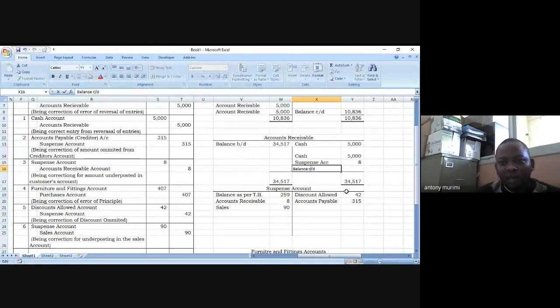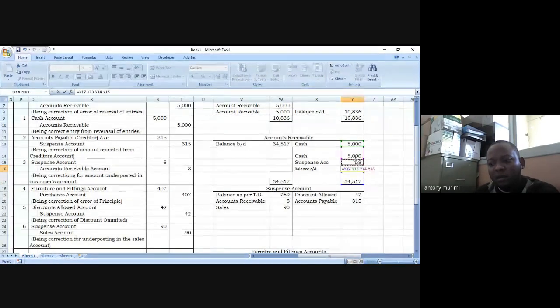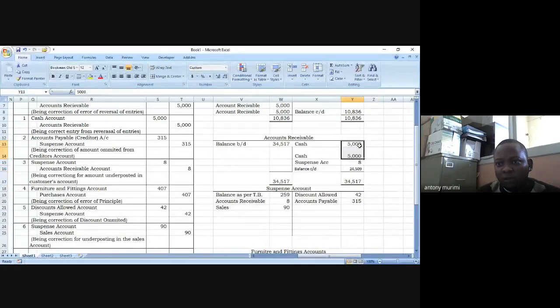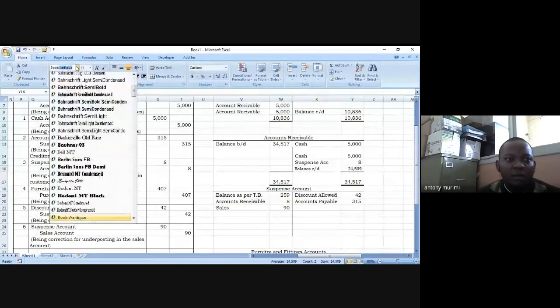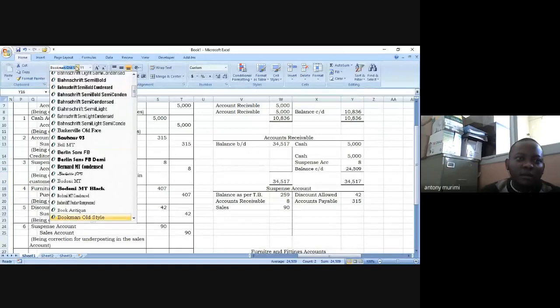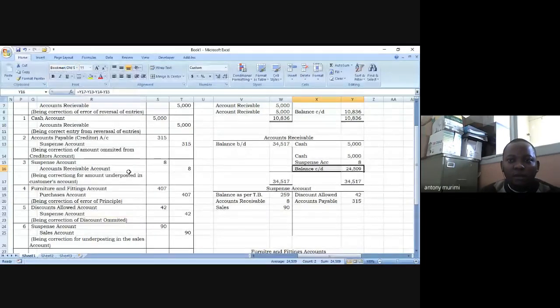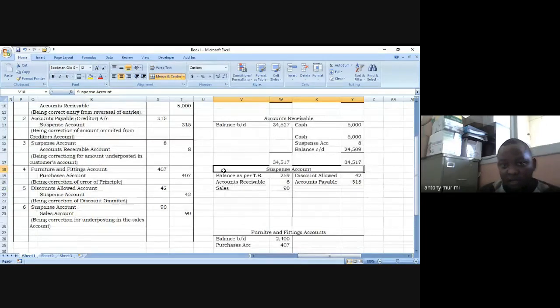Balance carried down, suspense account, it's 24,509. So that is accounts receivable.